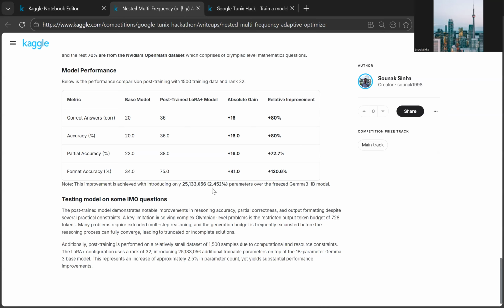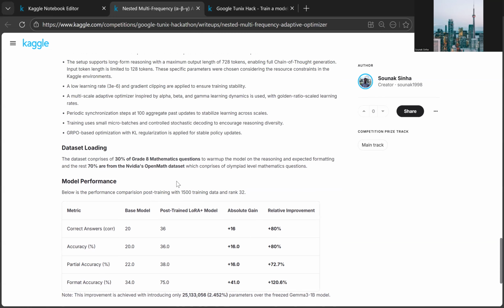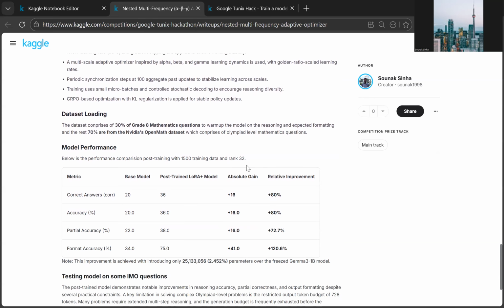I also trained it with only a rank of 32 and a training dataset size of 1500, which is constant. These scores are based on difficult math olympiad questions, and the current optimizer performed quite well. Increasing the rank and the training data size would improve it significantly.